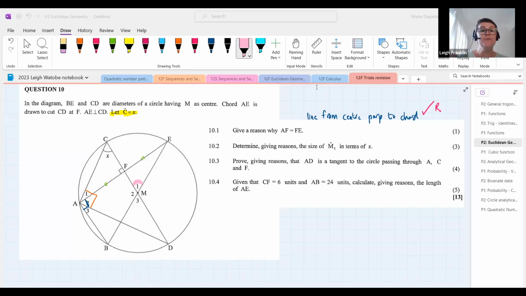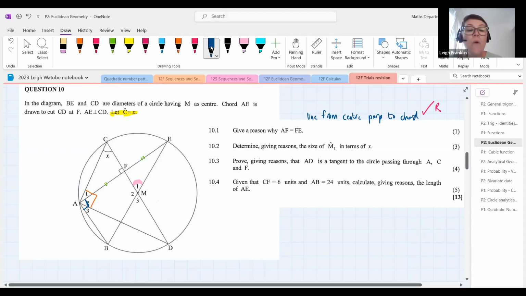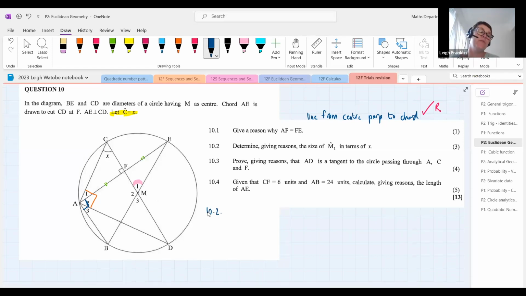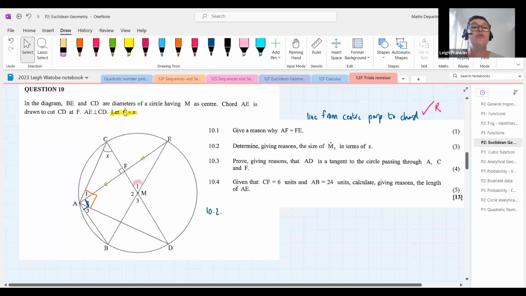Before we can describe how big M1 is, we need to describe how big A1 is. So how are we going to describe angle A1 in terms of X? Where are we looking when we want to describe A1 in terms of X?